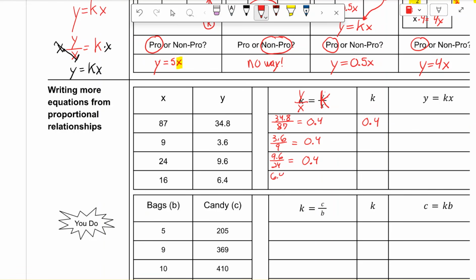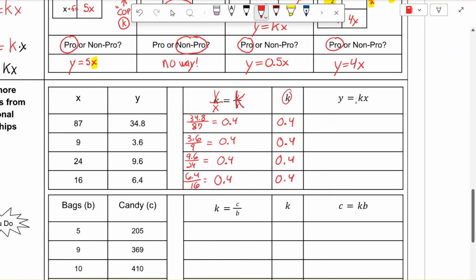And the last one, 6 and 4/10 divided by 16, and your calculator says 0 and 4/10 again. So look at that. They all have the same number. So that's our k. We know it to be true because they are all the same. That's good. So it is a proportional relationship.